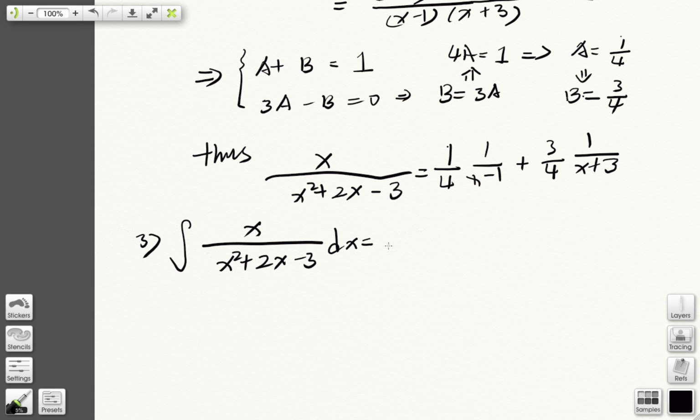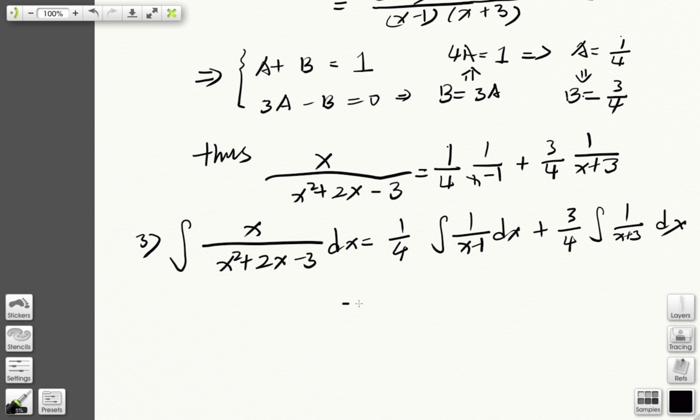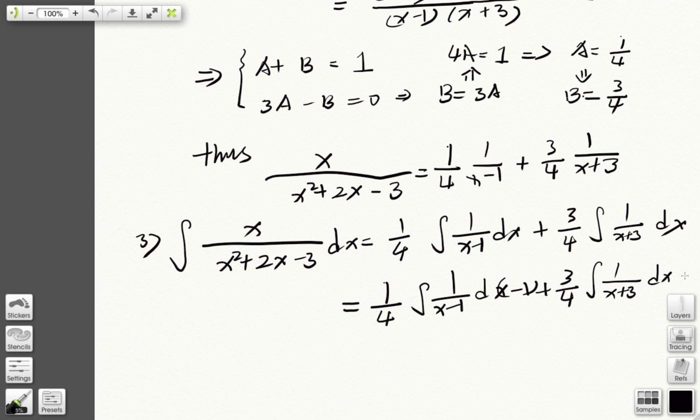follows by the identity. For two identities, we can have this equal to the integral of 1 over x minus 1 dx plus the integral of 1 over x plus 3 dx. So here we use integration by substitution, since we have du equals dx for x minus 1 here, and du equals dx for x plus 3 here.